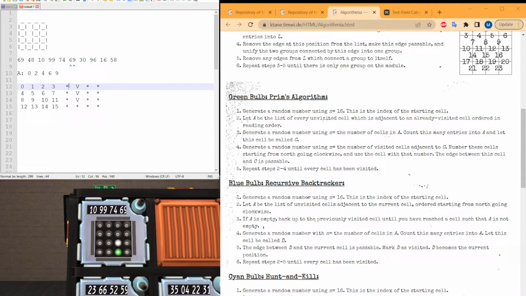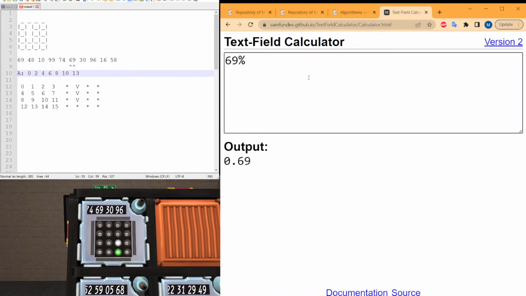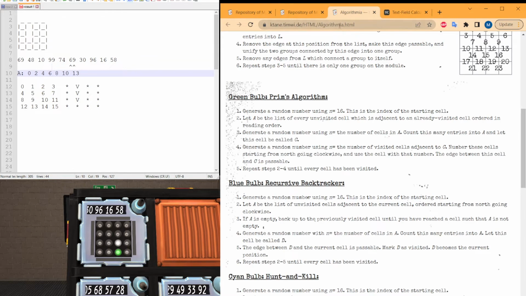Okay, new list A is 0, 2, 4, 6, 8, 10, 13. Okay, 69 mod 7 is 6.